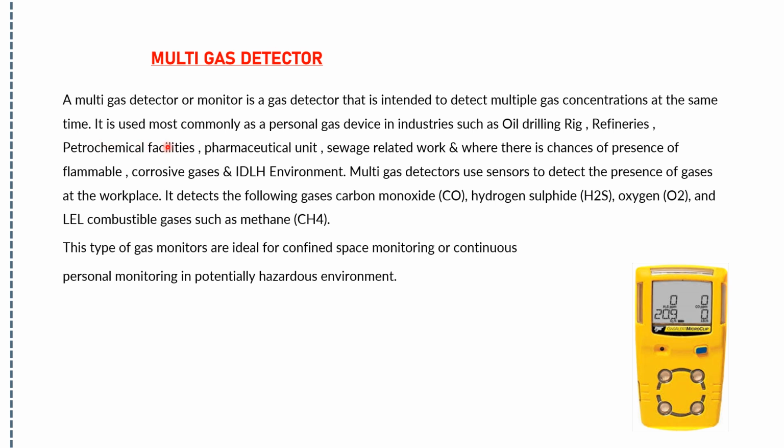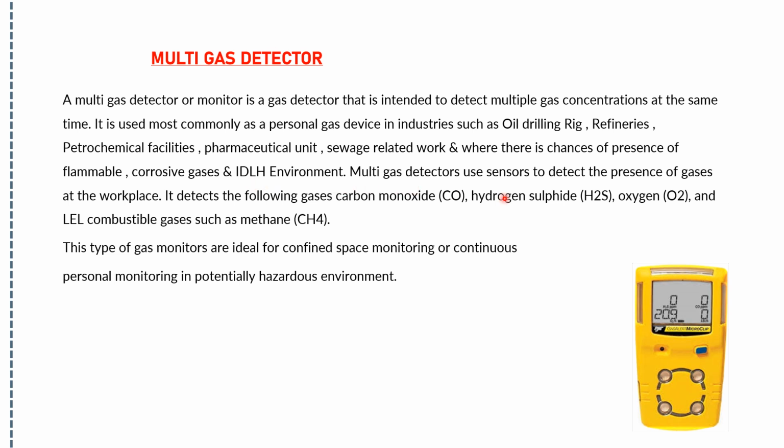It is used most commonly as a personal gas device in industries such as oil drilling rigs, refineries, petrochemical facilities, pharmaceutical units, sewage related work, and where there is a chance of the presence of flammable or corrosive gases and IDLH, immediately dangerous to life or health environments.